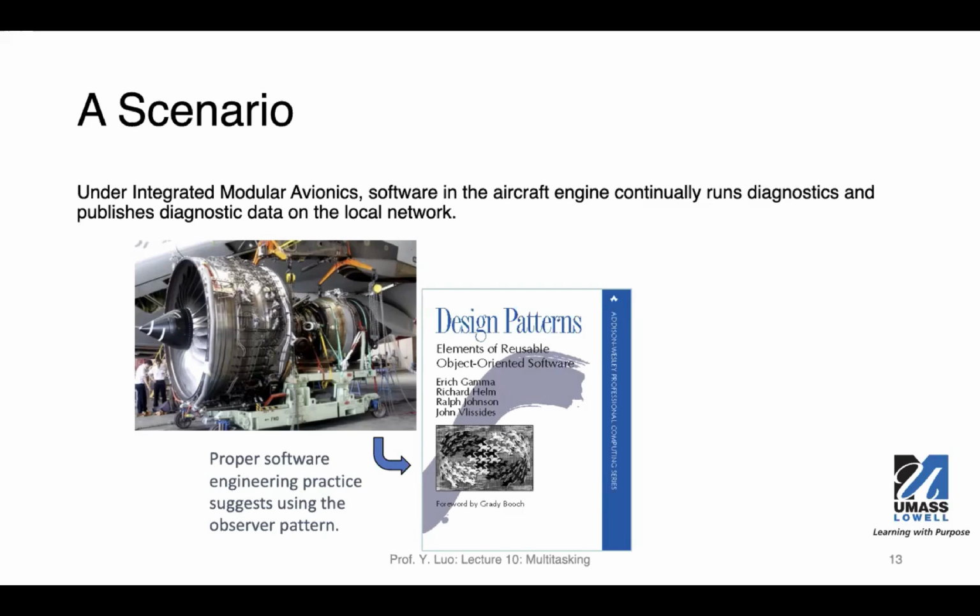So there will be different consumers of this data to react on these data. On one side, there's a producer of data, and on the other side, there will be many consumers of the data.